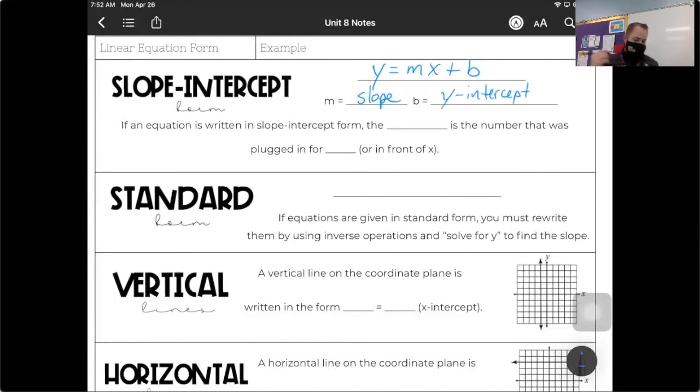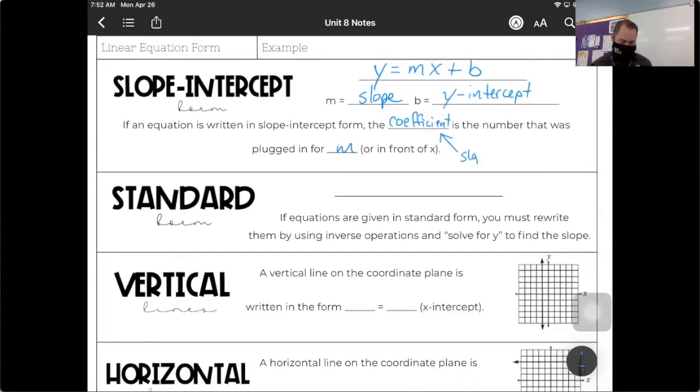Now, if an equation is written in slope-intercept form, the coefficient in front of x, the number that was plugged in for m, is the slope. Now, this other number b is the y-intercept.